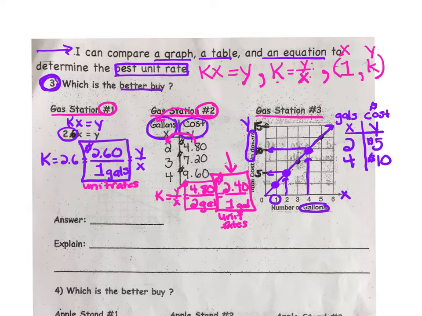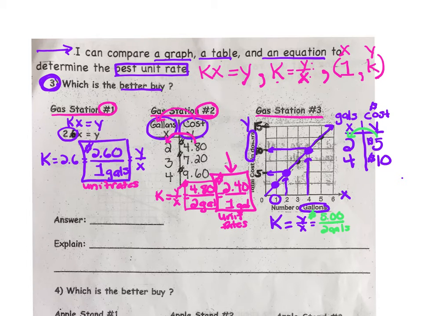Well, we need to calculate the K rate. Let's take, for one last time, Y over X, or in this case, $5 per 2 gallons of gas.